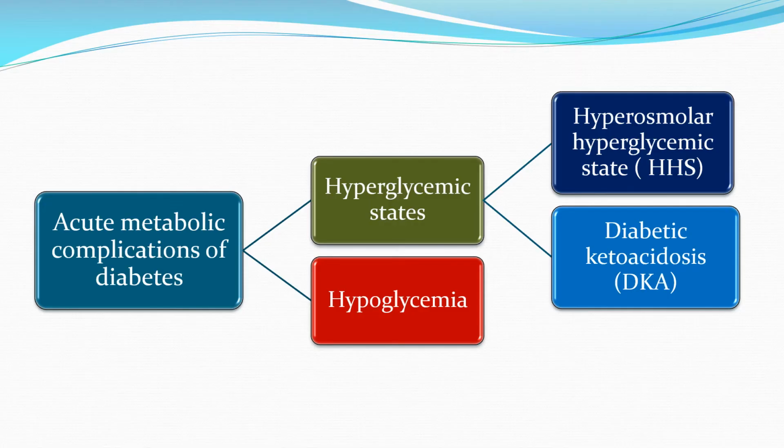So this diagram represents the collective metabolic complications of diabetes. The hyperglycemic state which occurs in type 1 is called diabetic ketoacidosis, and a corresponding situation occurs in type 2 diabetes, called hyperosmolar hyperglycemic state. An important metabolic decompensation which occurs in both types of diabetes is hypoglycemia, and we shall discuss it in a separate lecture.